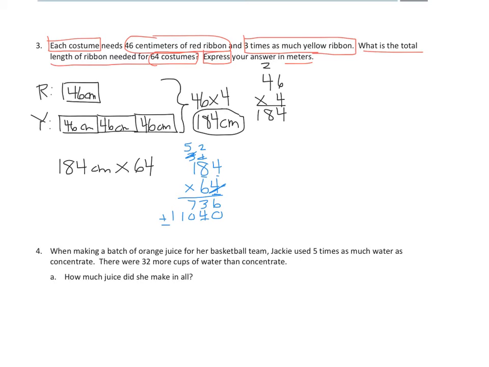And so now I'm going to go ahead and add those up together. This is 6, 7, 7, 1, 1. So it looks like for 64 costumes, you need 11,776 centimeters of ribbon.